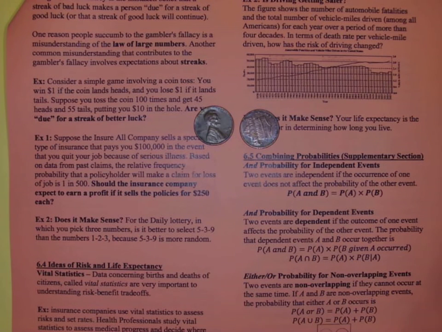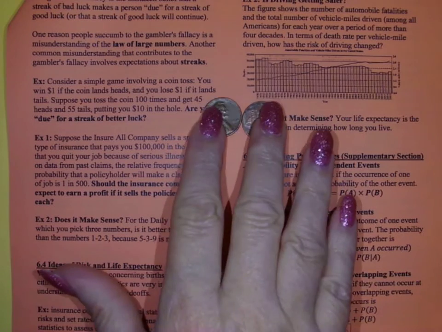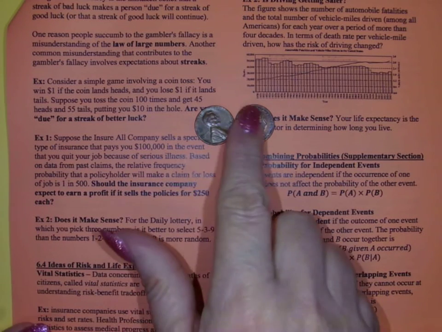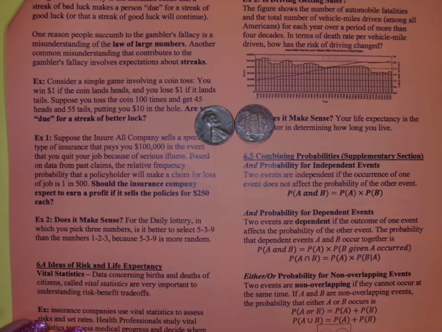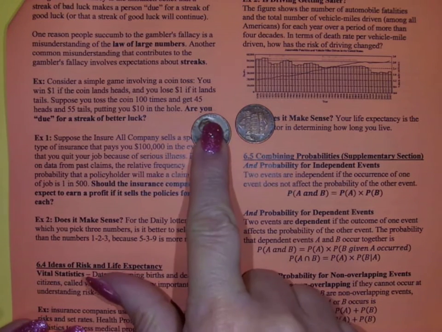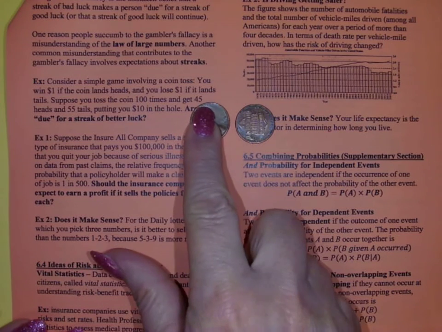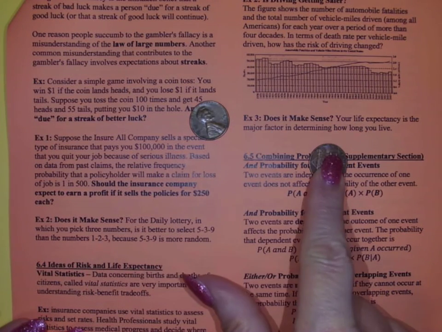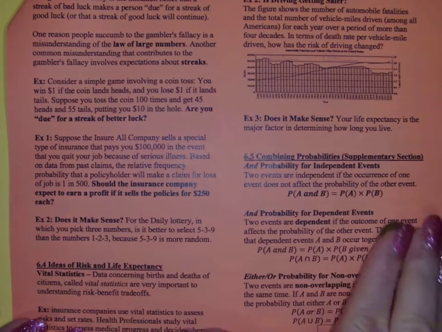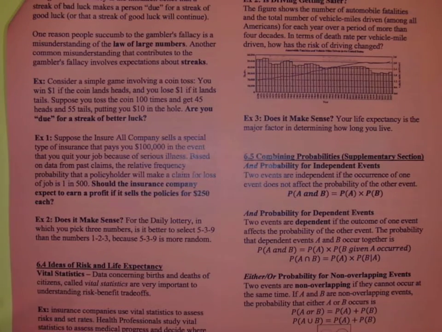Now, sometimes you do win, and sometimes you lose. But if we're looking at the probabilities, the law of large numbers, we're going to expect it to balance out. But the gambler's fallacy is saying that if I just keep going, I'm going to win. Well, you could end up losing for a while still, and you might run out of money before you win it back.